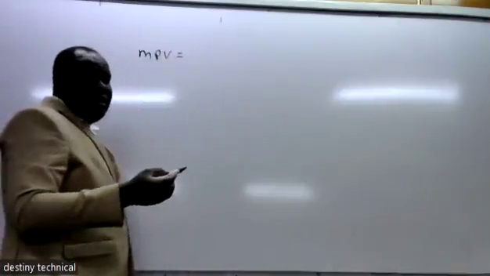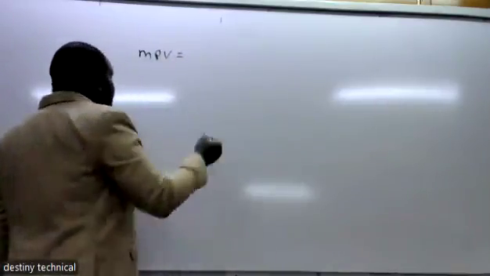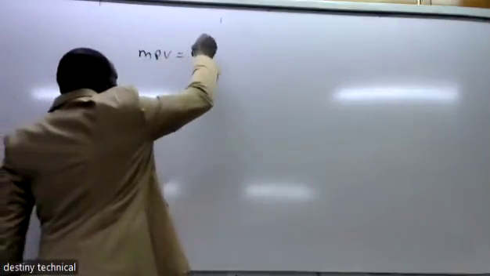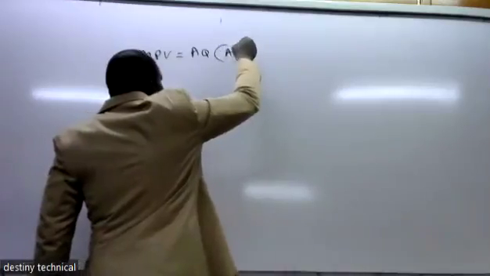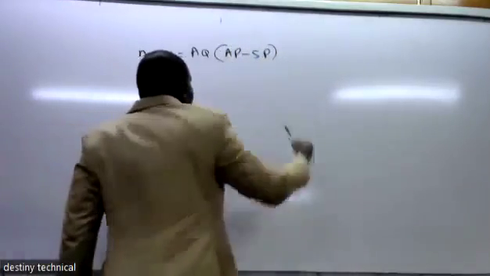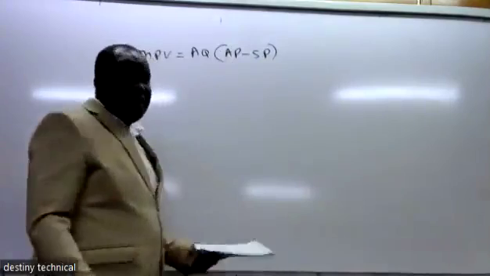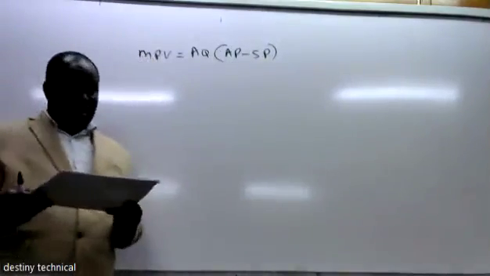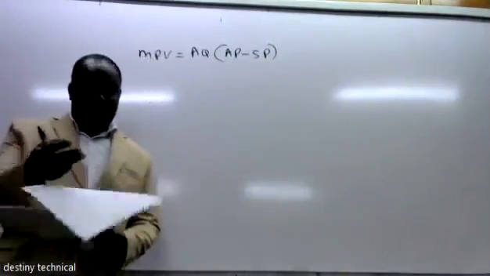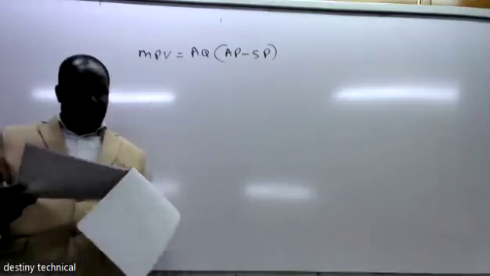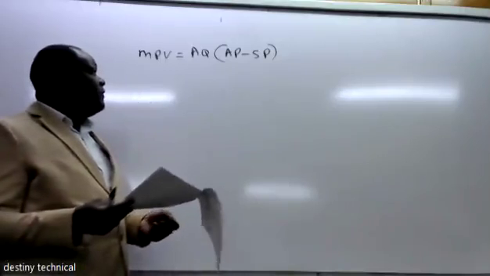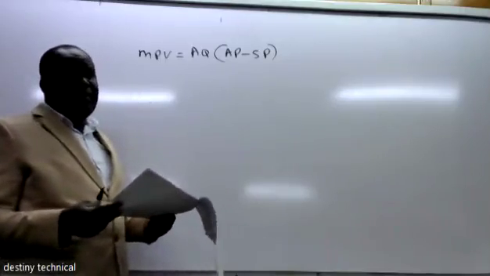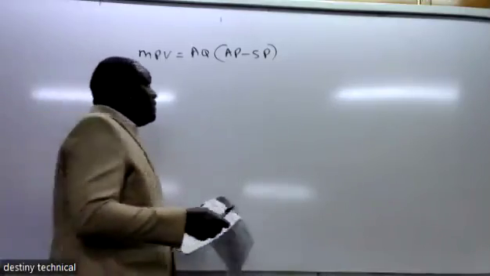To get the material price variance, it is given by actual quantity in brackets of the actual price minus the standard price.